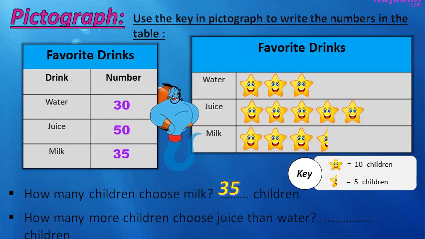Remember, more than means minus. So I'm going to subtract the number of children who prefer water from the number of children who prefer juice. So juice is 50 minus 30 equals 20 children.